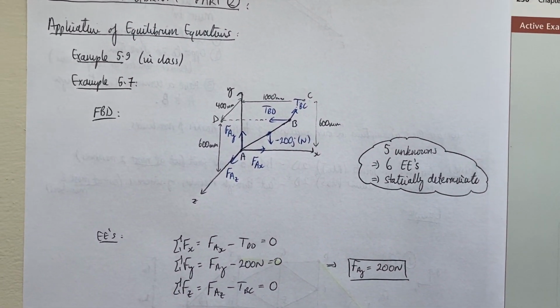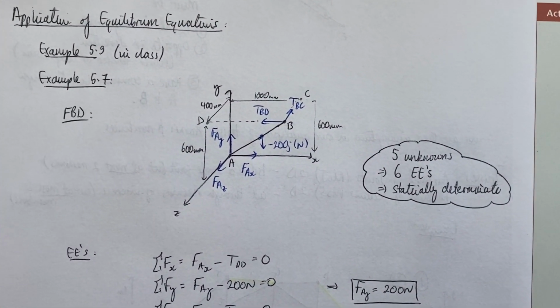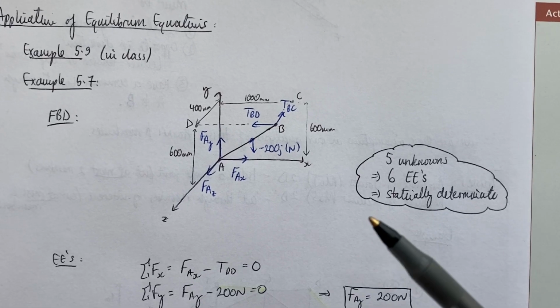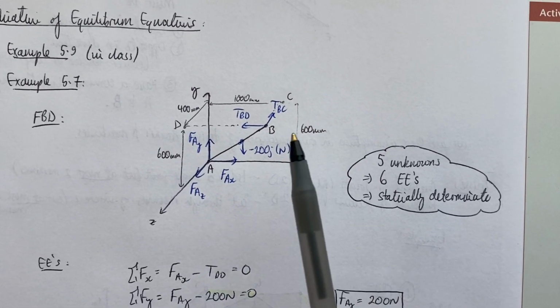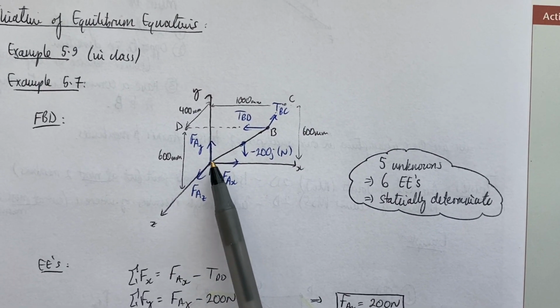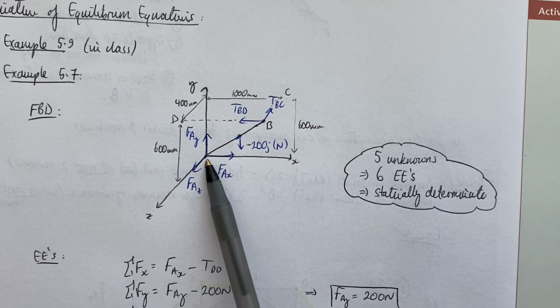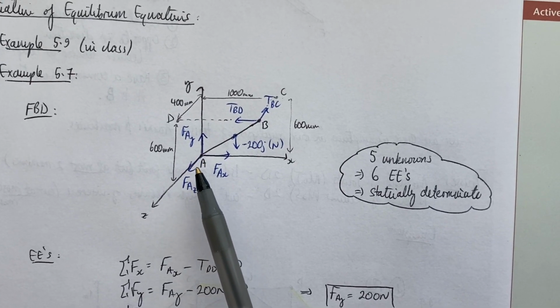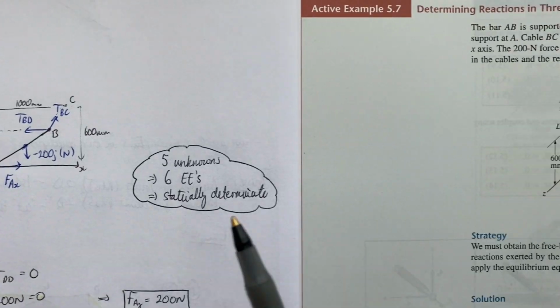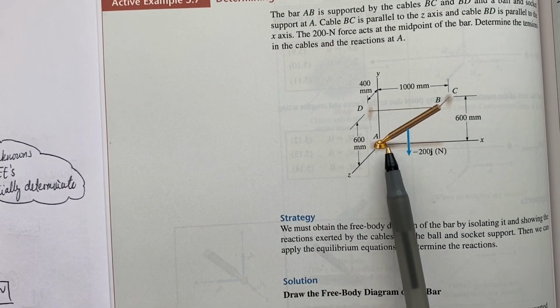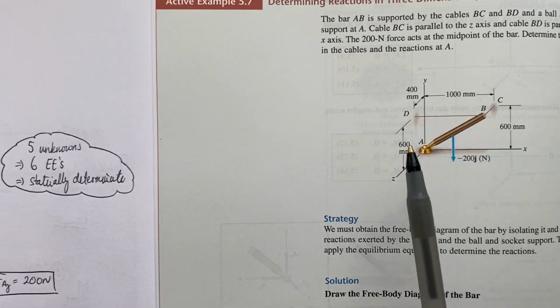So the first thing I've done is drawn a free body diagram of that beam. So you'll remember the ball and socket support in 3 dimensions is kind of like the pin support in 2 dimensions, where it prevents translation, so the support can't move about, but it allows free rotation of the arm.